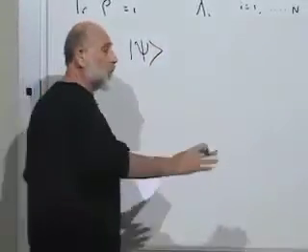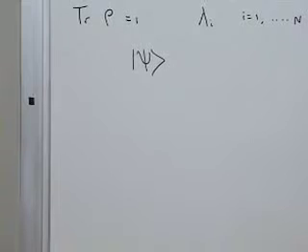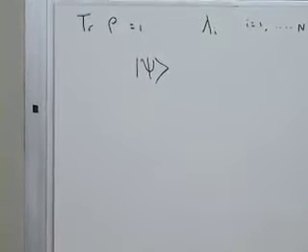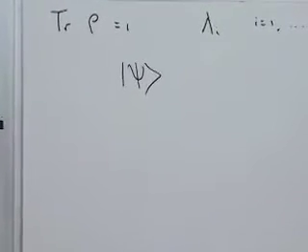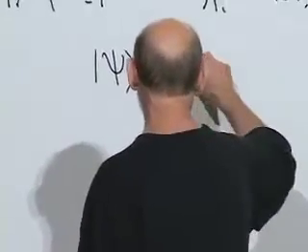I won't tell you which one, but we assume we know which one. And when the system is described by a pure state, there's still a density matrix. You can still introduce a density matrix, and the density matrix is simply the projection operator that projects onto that pure state. It's written this way.